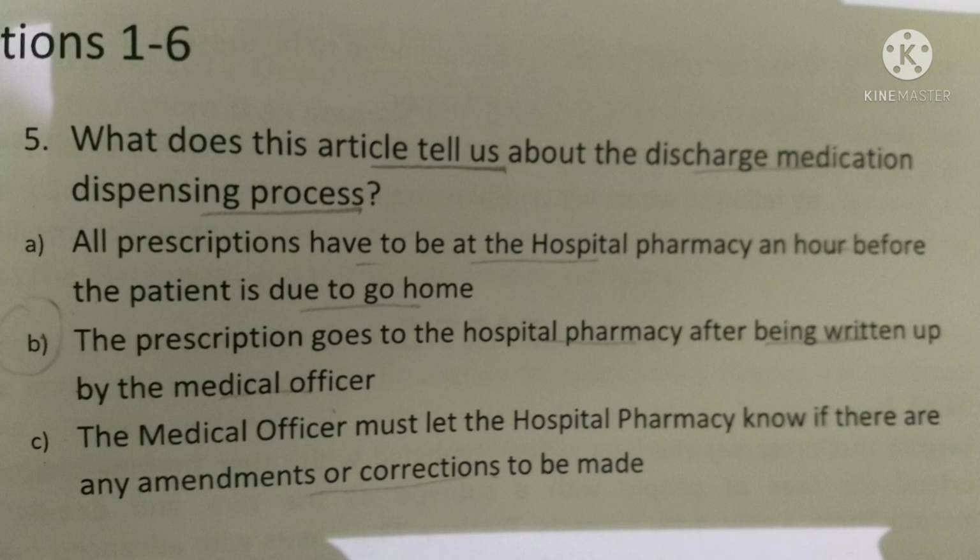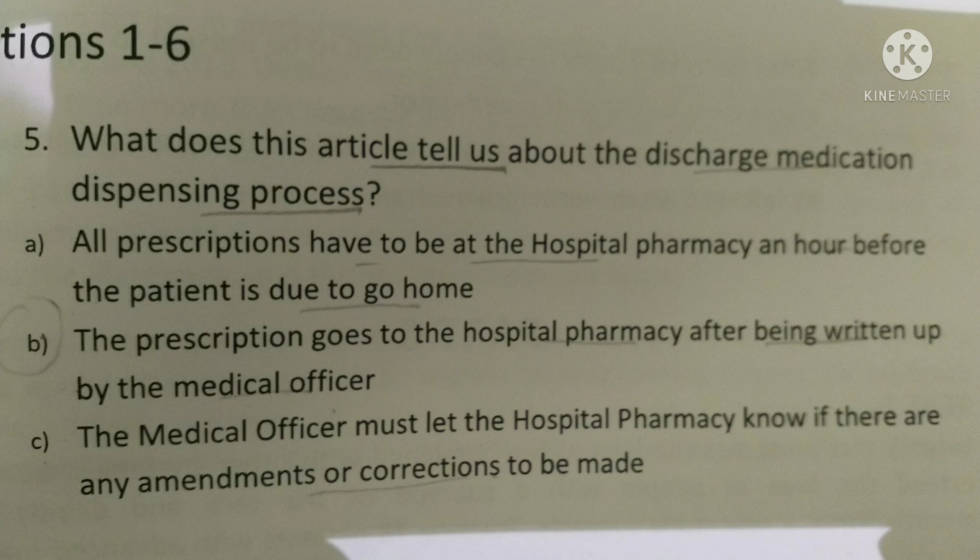Option A, all prescriptions have to be at the hospital pharmacy an hour before the patient is due to go home. It's an order like that, a must, they are telling. You will see in the text. Option B, the prescription goes to the hospital pharmacy after being written up by the medical officer. There is a logic, because it should be written by the medical officer, and only then will it go.